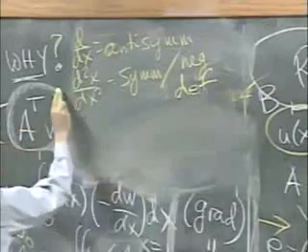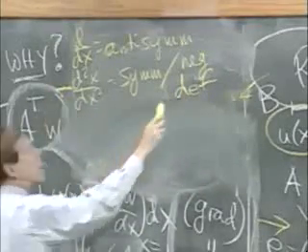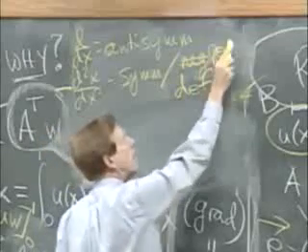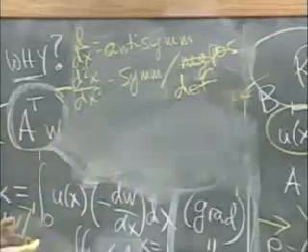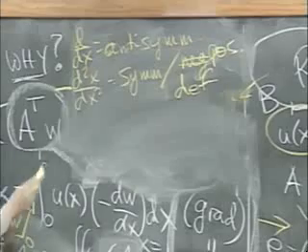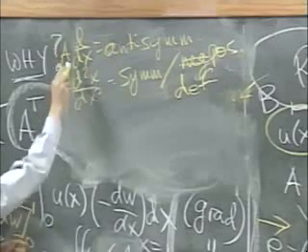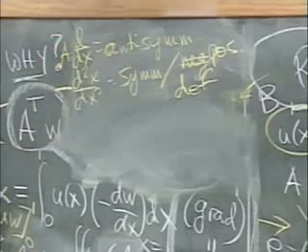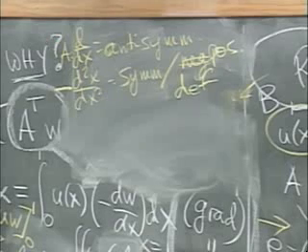Only if I put in the minus sign can I change that to positive definite, because then it's A transpose A. If this is A, then this is A transpose A, minus sign included.